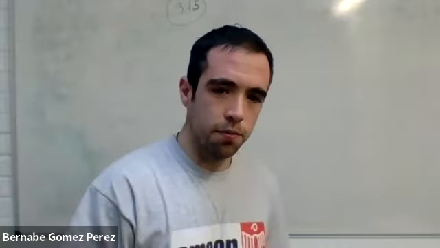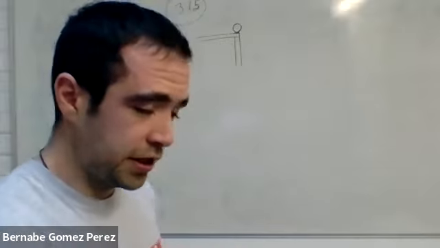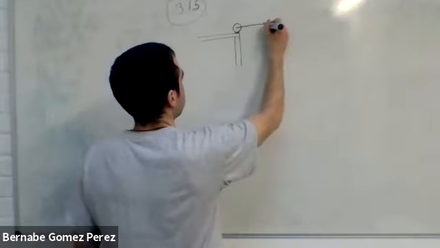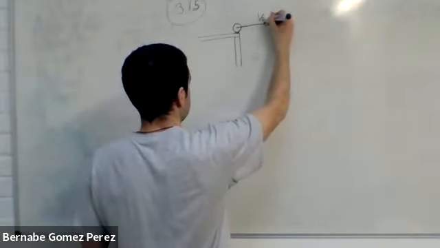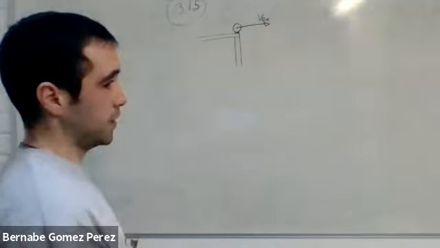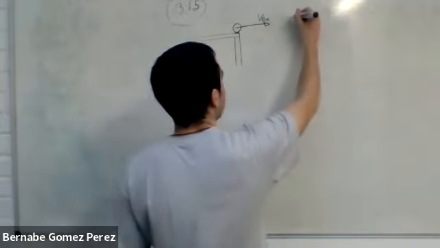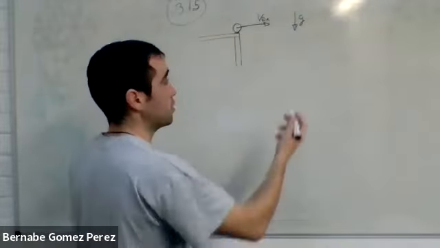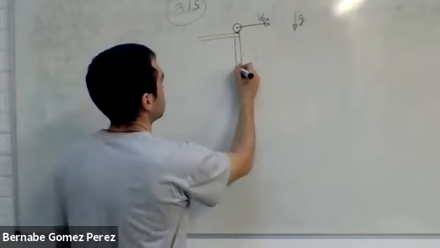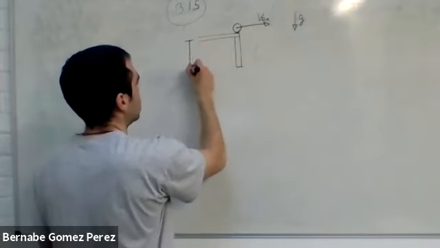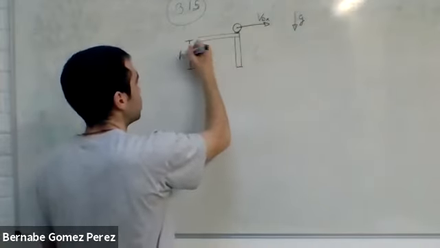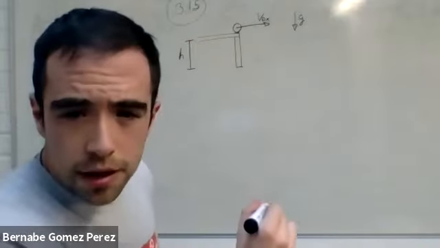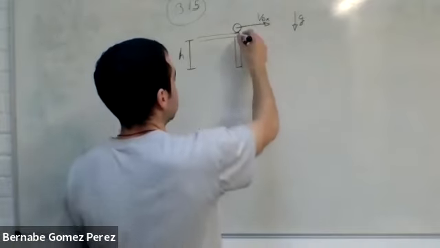I consider that the ball only has initial speed in the x direction. I consider that there is some gravity that I'm going to call G. And the table has a height of h, okay? And it lands at a distance d.